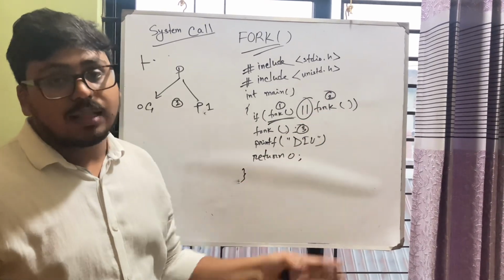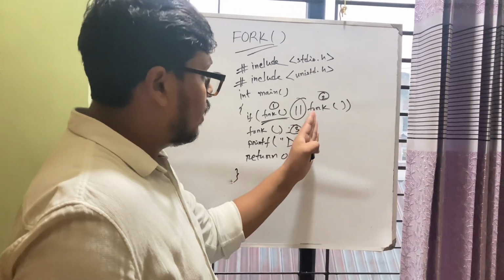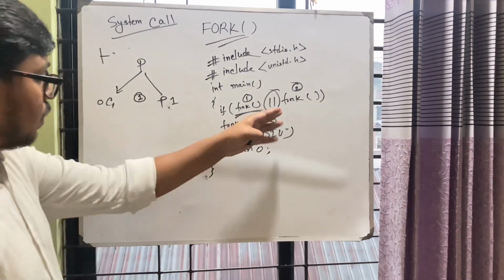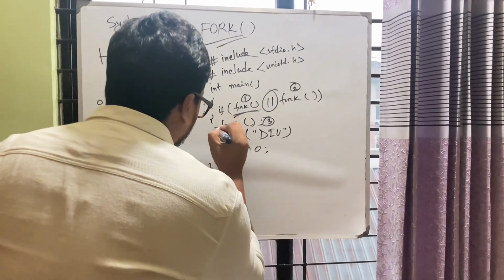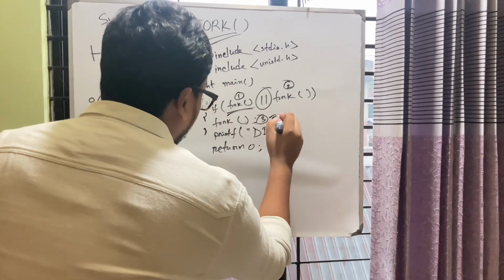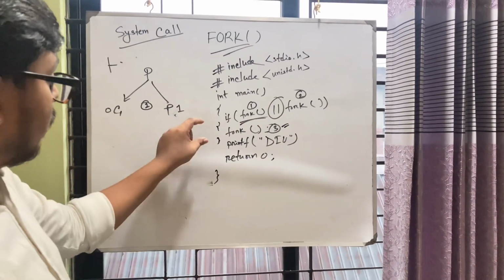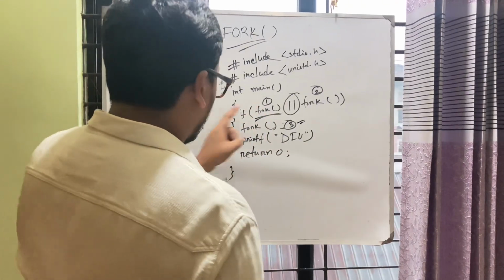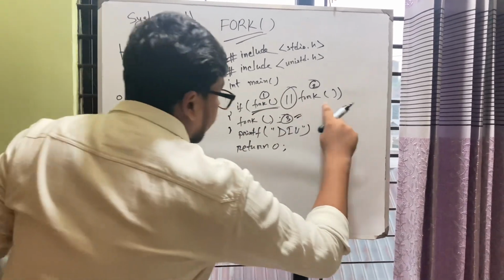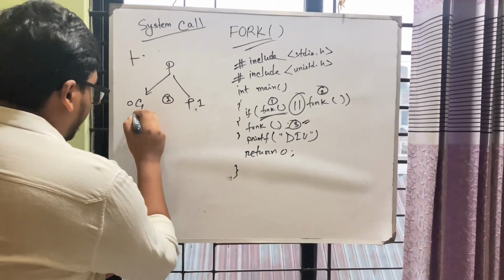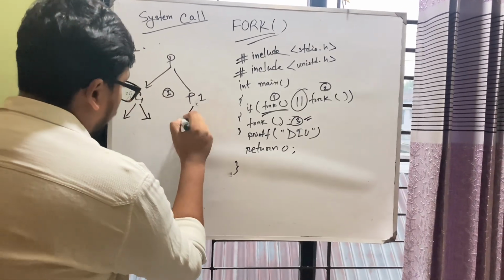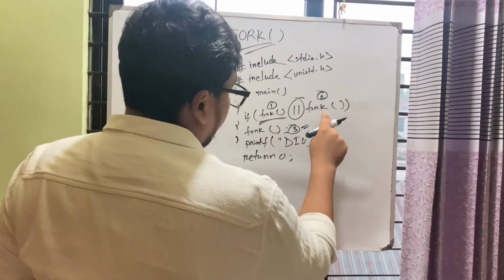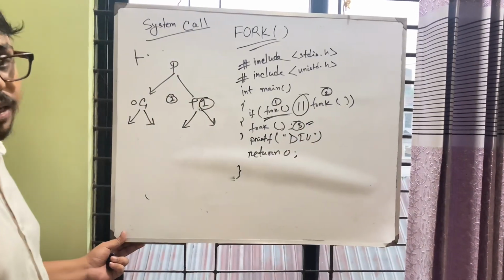And we know that when we find 0 the first time, we must see the other one. What is the value of it? Is it true or false? If this is false, we don't execute this line, and this is inside the if condition. And as we got 0, we must execute the next fork. When we execute number 2, and as this returns 1, it must follow the next one.